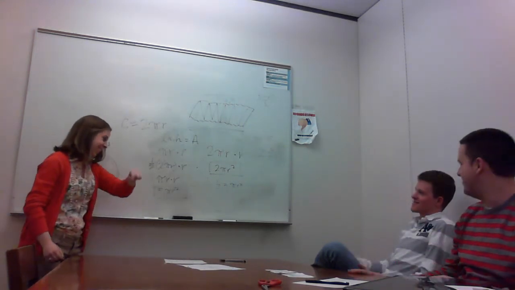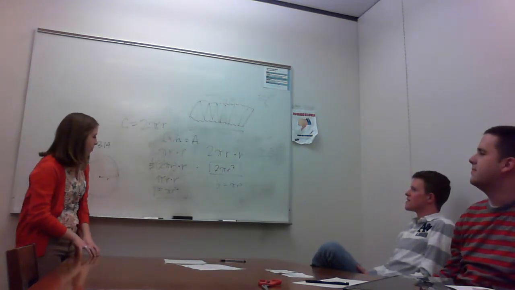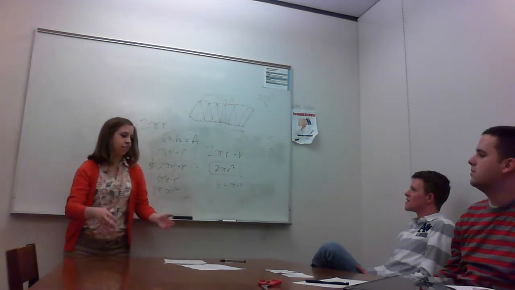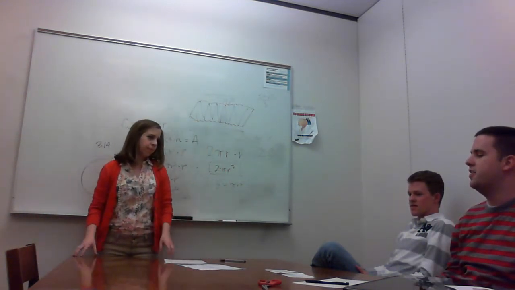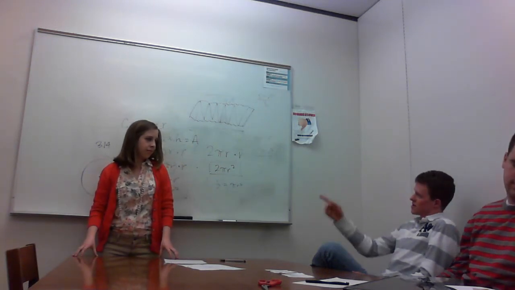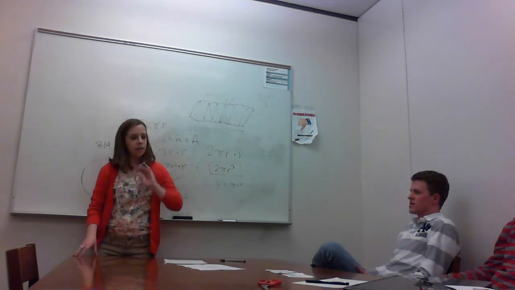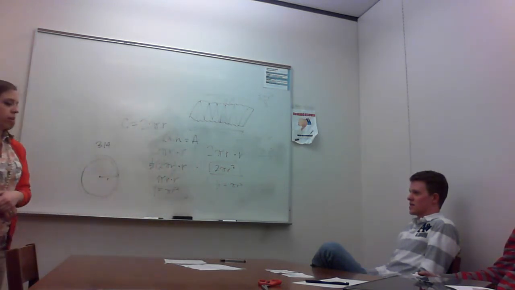You are great, Sean. Okay, I want to talk for a minute about how you guys decided to do that. What made you want to make it a parallelogram? Because we've done it before. This shape was familiar when we put it on the board. Why didn't you try to make a triangle or a rectangle like we had done?